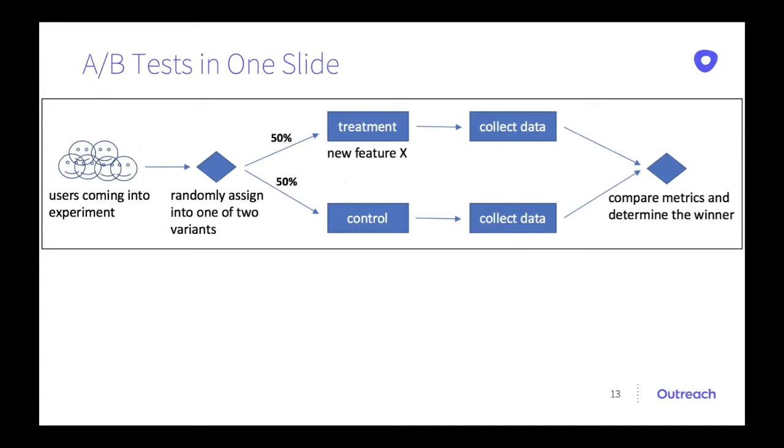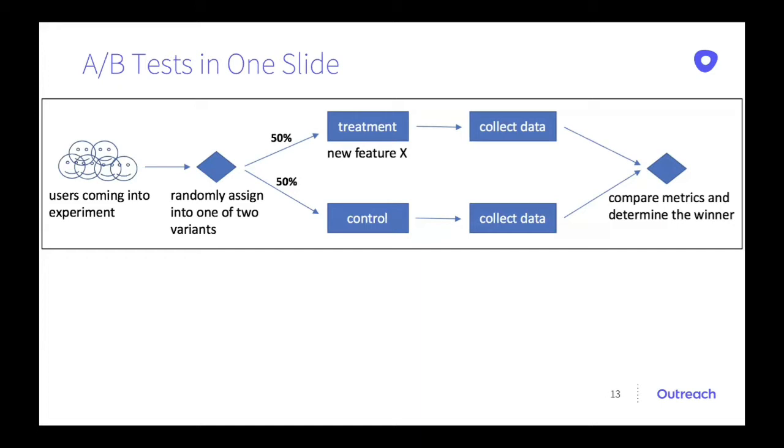So this is a quick introduction to what an A/B test is. We have users coming into our experiment. We randomly assign every user into one of the 2 groups, either the treatment group, which has a new feature X, so that new feature X is our idea that we want to test, or they get the control group, which is just the standard system, standard website or app that we are testing. And then we let the users use our product for some time.